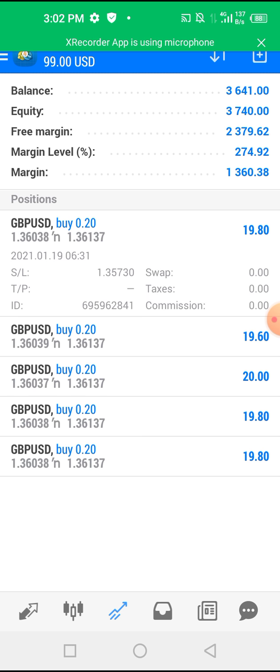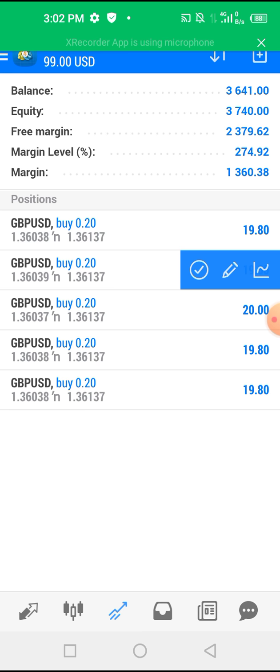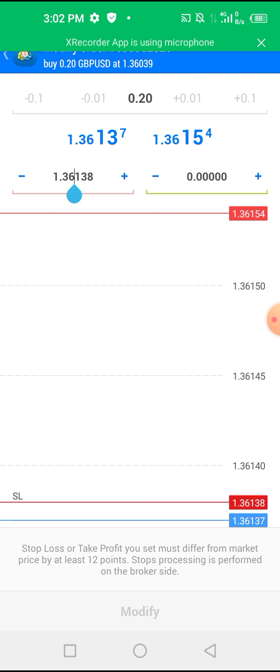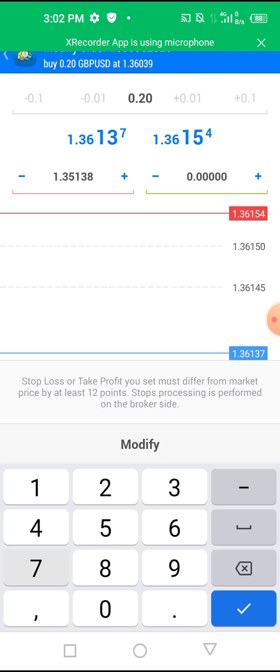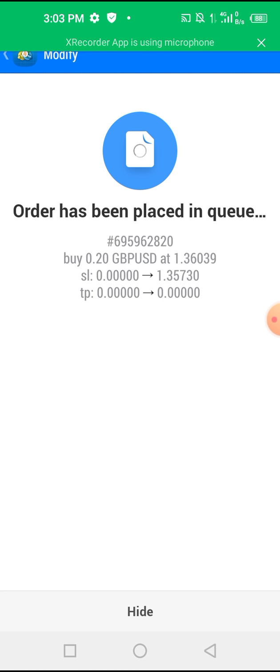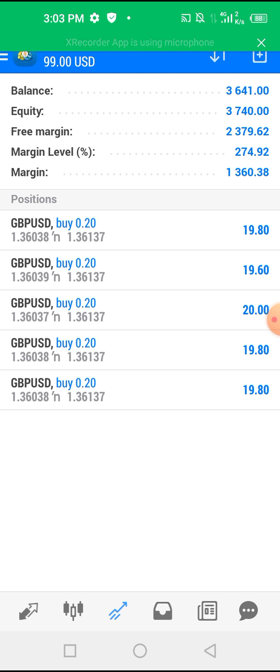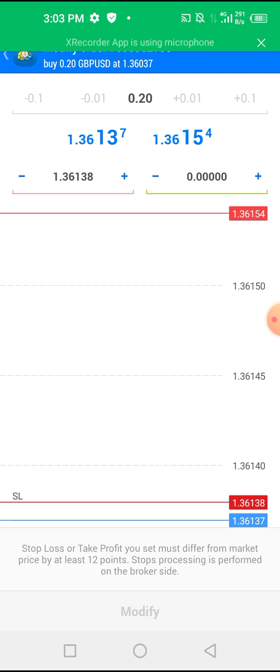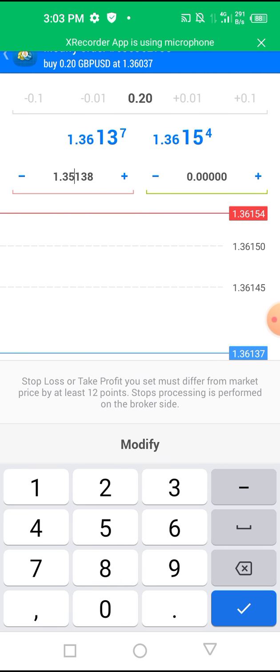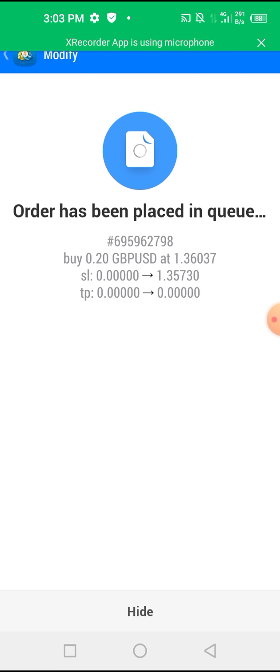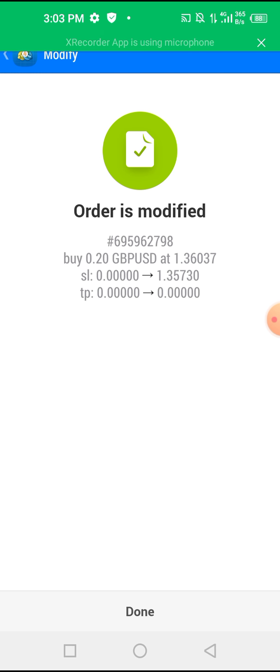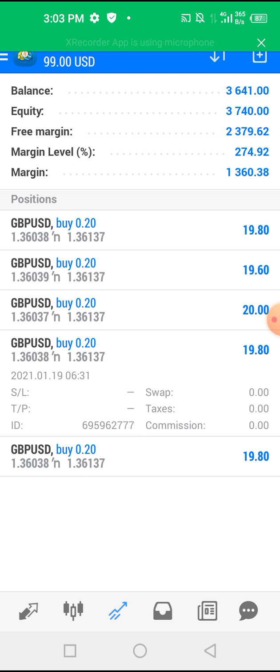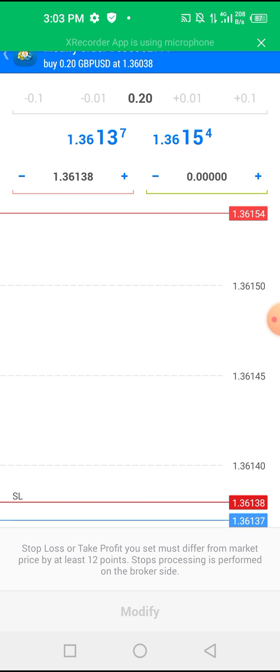Can you see it? I've already modified my stop loss. You can see my stop loss, 1.3573, and it will show there, 1.3573. You can see what I'm saying.